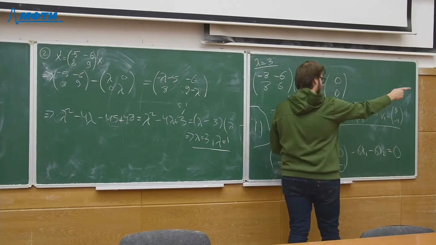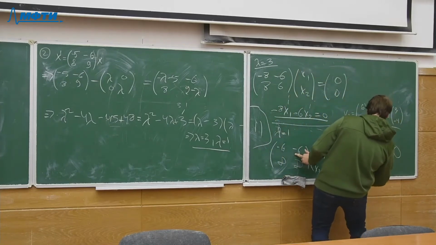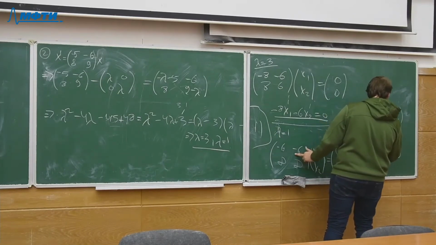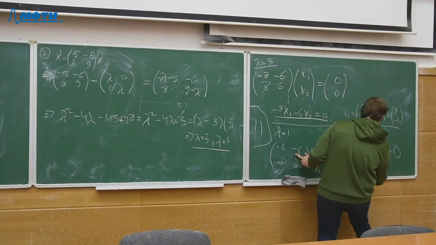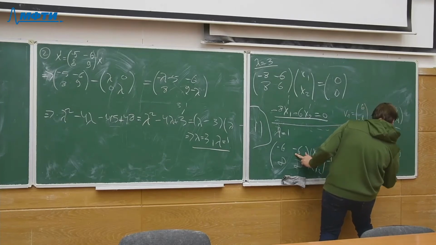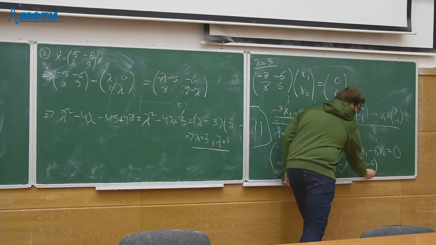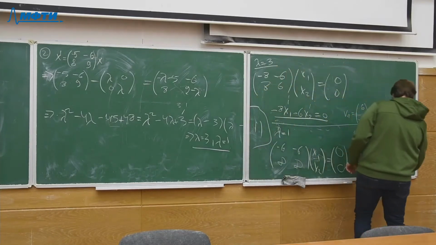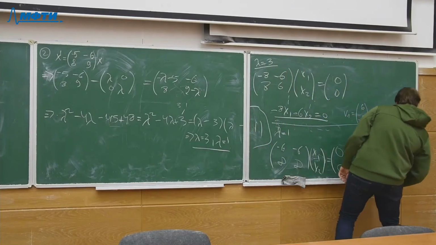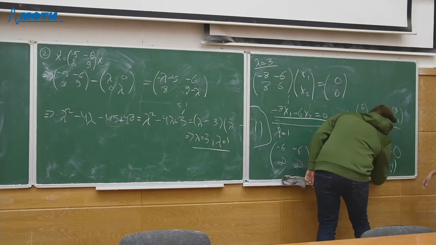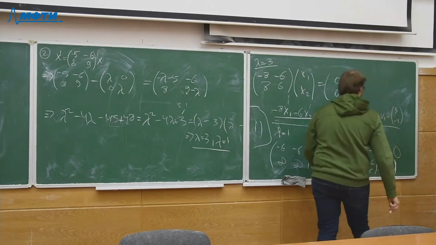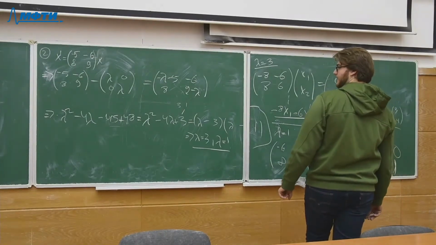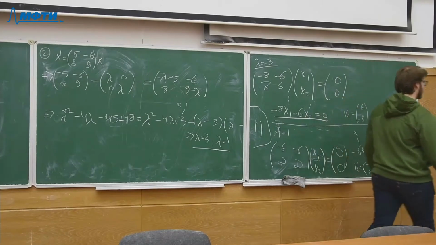Going by this, v2 is going to be, suppose this is A and this is B, minus 6, 6. Or you may divide by 6 and get the vector negative 1 and 1. So there are two eigenvectors associated with the given eigenvalues.